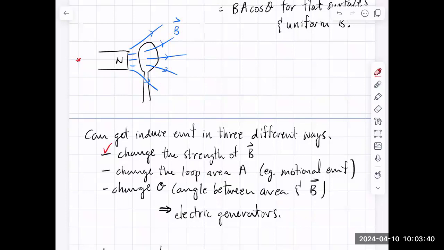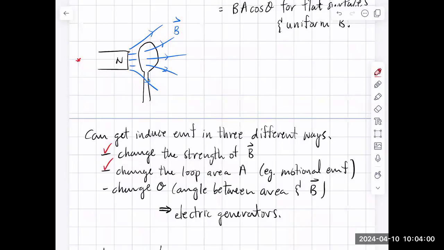As you change the area of your loop, you change the magnetic flux through it. Motional EMF was another way of changing the loop area, where you had a conducting bar sliding along a conducting track.